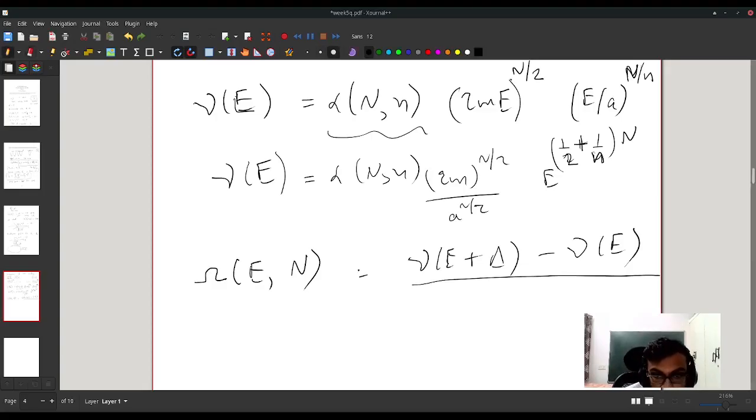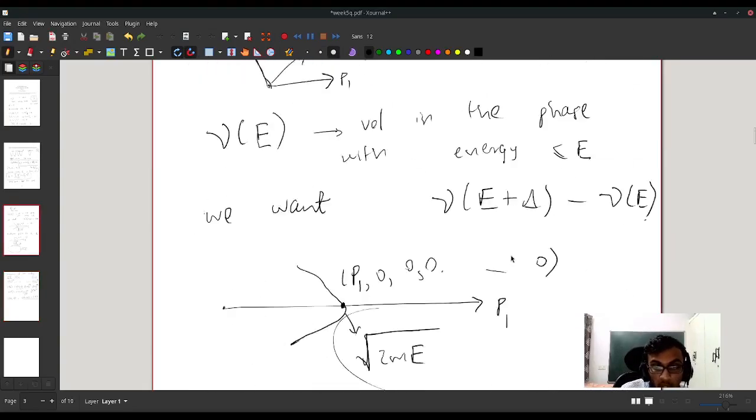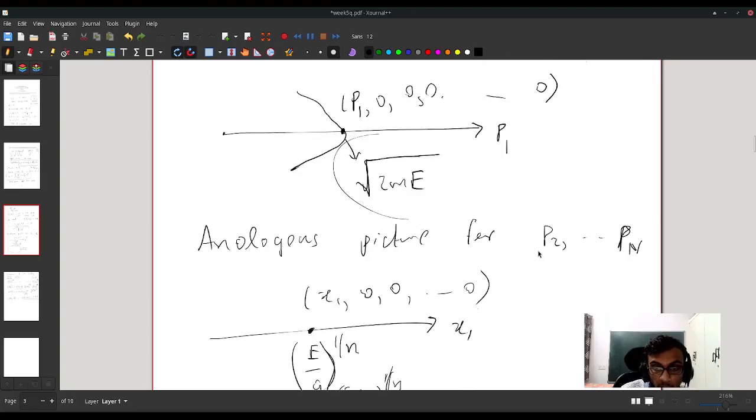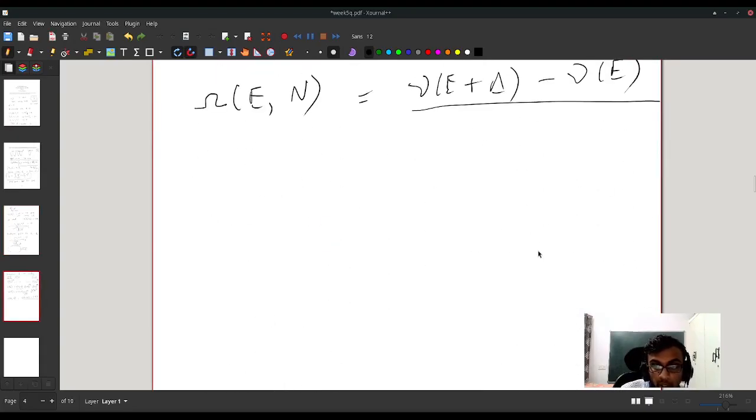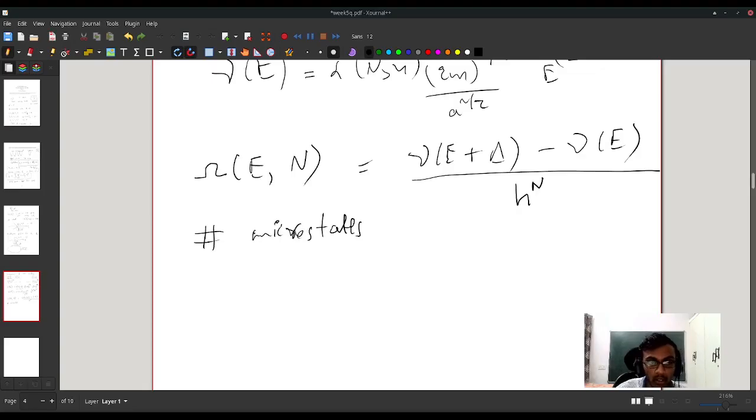That would typically be Planck's constant raised to some appropriate power. We have a 2n dimensional phase space here, so that would be something like h to the n. So this is the number of microstates. Is there any question at this point?